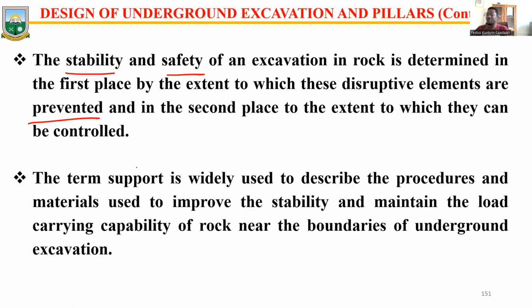Or, if we cannot prevent it and it happens, we try to bring about control measures. So these key things are what we look out for, either prevention or control. These are the things we do when we talk about safety and stability underground.